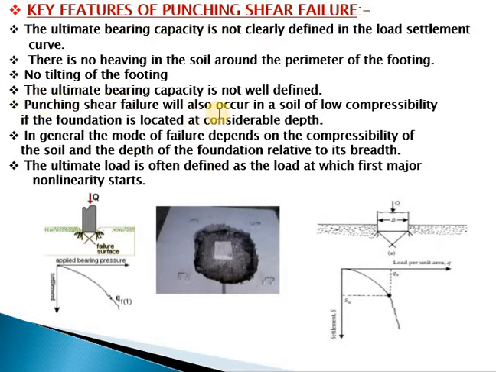And punching shear failure will also occur in soil of low compressibility if the foundation is located at a considerable depth. In general, the mode of failure depends on the compressibility of the soil and the depth of the foundation relative to its breadth, and the ultimate load is often defined as the load at which the first major non-linearity starts.